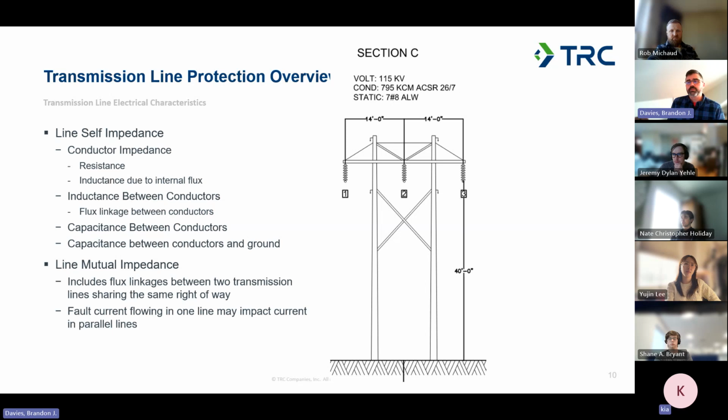So that's the physical characteristics, but from a relaying perspective and as electrical engineers, we probably care a lot more about the electrical characteristics. So how do we get from something like a transmission structure and a specification of a conductor to an electrical equivalent of the transmission line that we can use in modeling and in calculations that would inform how we set up our protection?